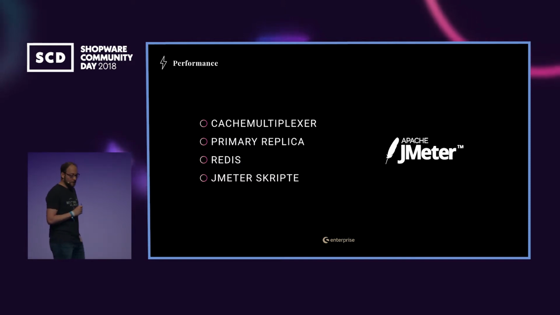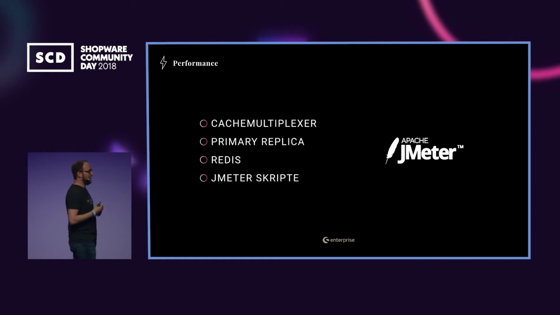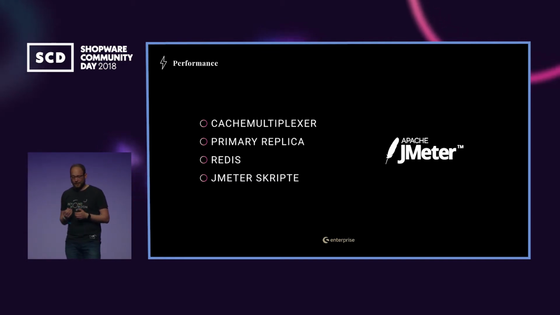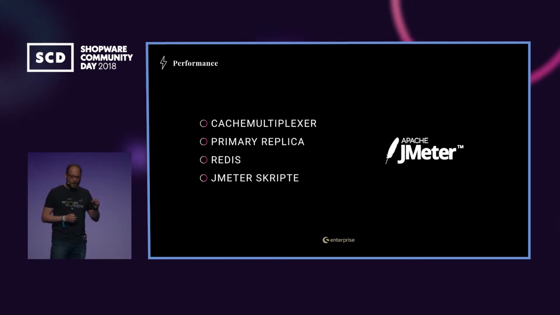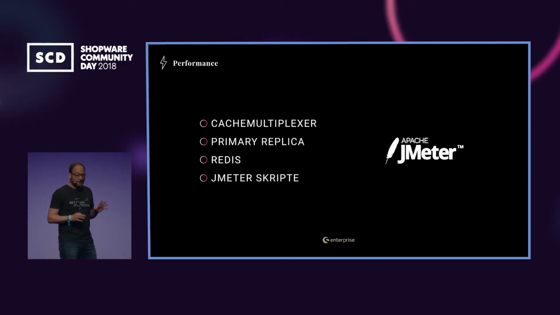Now, the fourth element here is JMeter. JMeter is a standard solution. This solution is used in order to run load tests, in order to test the performance of a shop, to analyze the performance of the shop, so as to see prior to going online where the hooks are or where things need to be optimized.